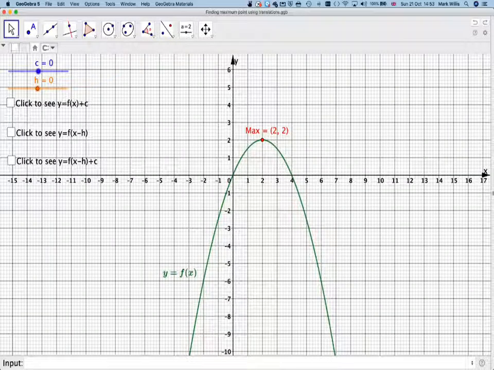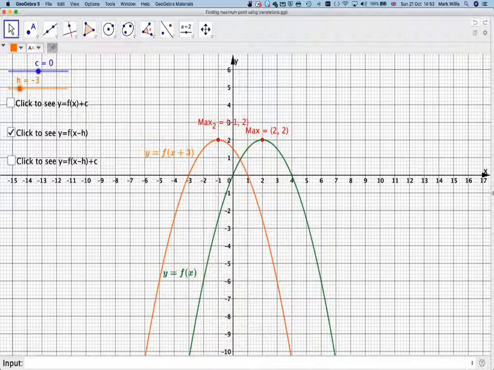Here's my GeoGebra app. Here's my original function. And this time I'm going to look at this one here, f of x minus h. Now, if this is plus 3, that means my h has to be negative 3. So I move it this way 3 units. Okay, and there I can now see the orange graph is the graph of y is equal to f of x plus 3.